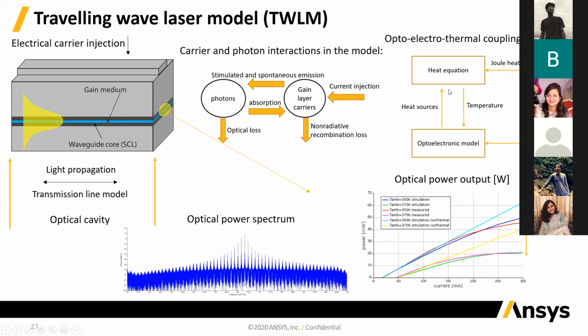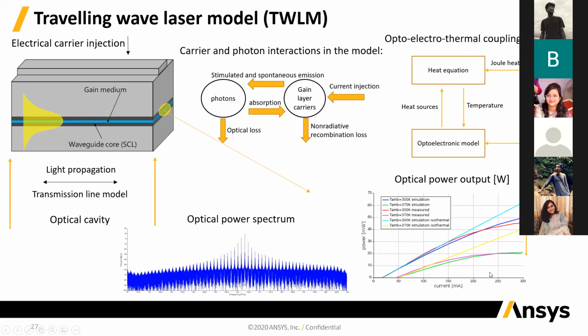The model also allows you to account for self-heating inside the layer. As you inject more and more current in your gain material to get more power, the whole thing gets heated up because of Joule heating. The TWLM model actually allows you to capture that effect as well.